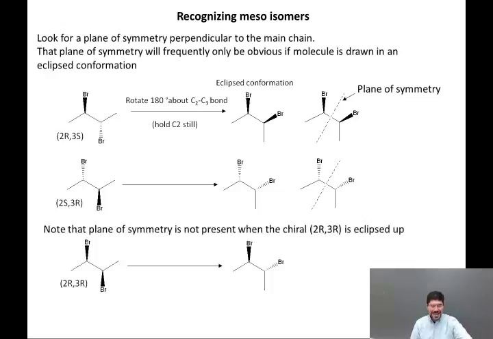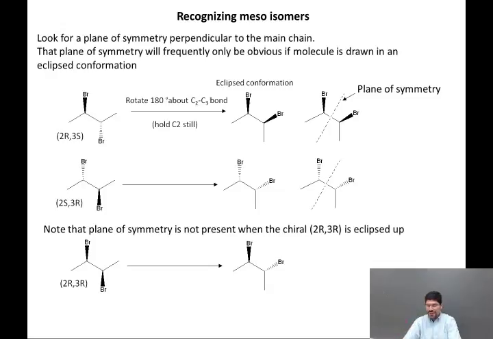Now note, if I took the chiral 2R3R and tried to eclipse that one up, we now do not have a plane of symmetry, because when you put it into the eclipsed conformation, one of the bromines is coming out towards you and the other bromine is coming back away from you. So it does not have a mirror plane, even when it is eclipsed.